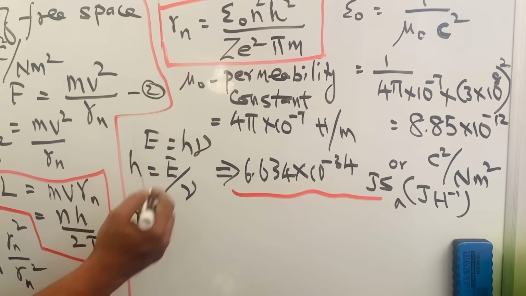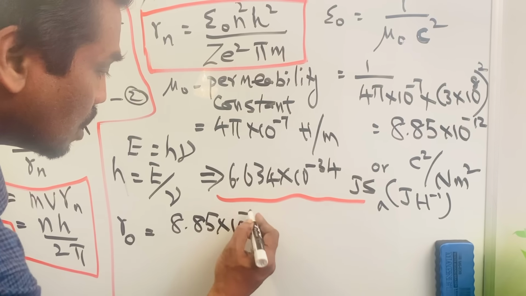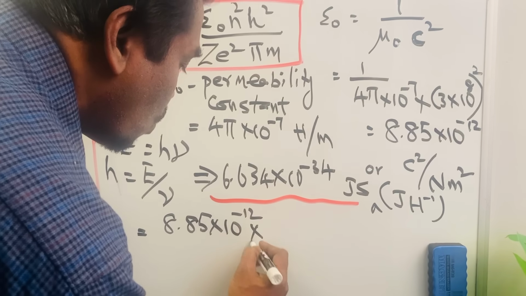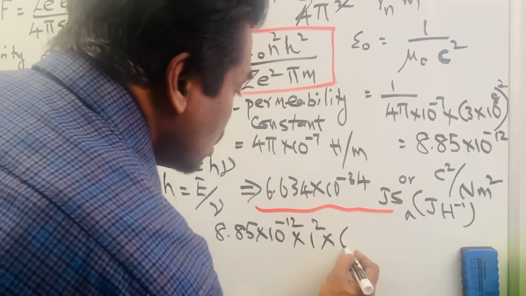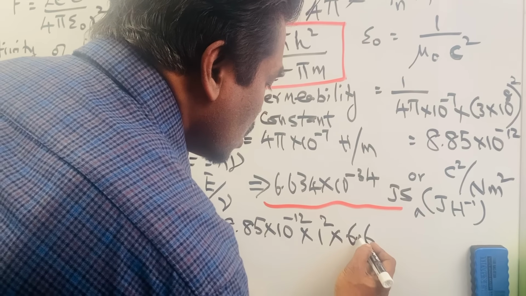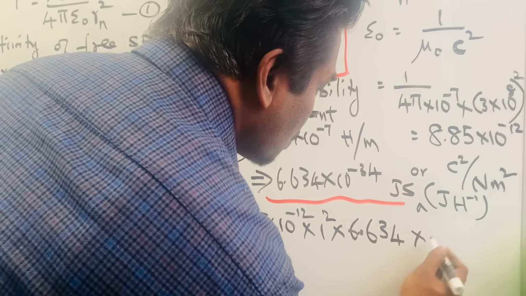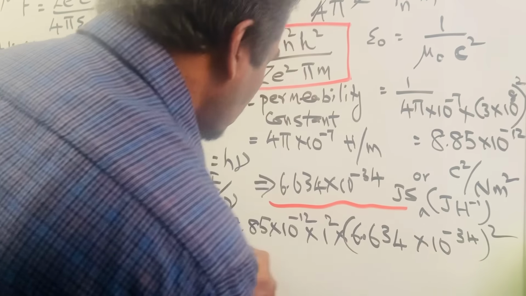So we know epsilon 0, 8.85 10 to the power negative 12. The value of ground state n will be equal to 1 square, and the Planck's constant is 6.634 10 to the power negative 34 whole square.